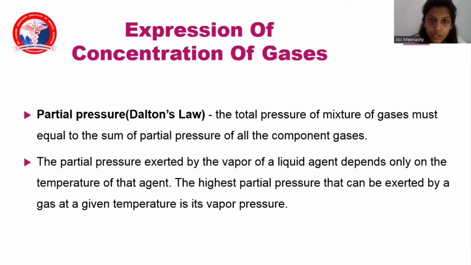Total pressure is equal to the partial pressure of oxygen plus the partial pressure of nitrous oxide plus the partial pressure of your agent. The partial pressure exerted by the vapor of a liquid agent depends only on the temperature of that agent. The highest partial pressure that can be exerted by a gas at a given temperature is called its vapor pressure. We have read about vapor pressure initially.